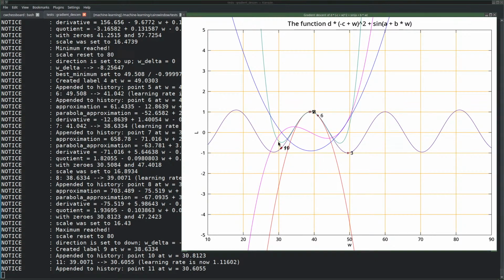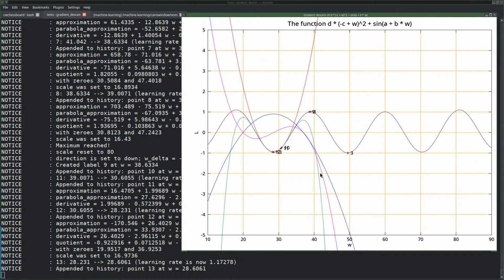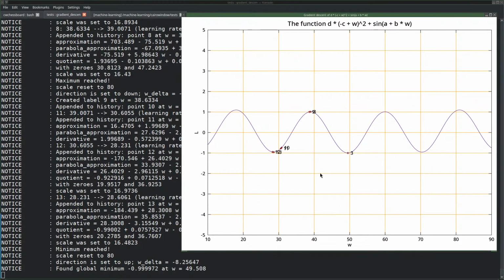This is a good scale from here to there. And again, yeah.